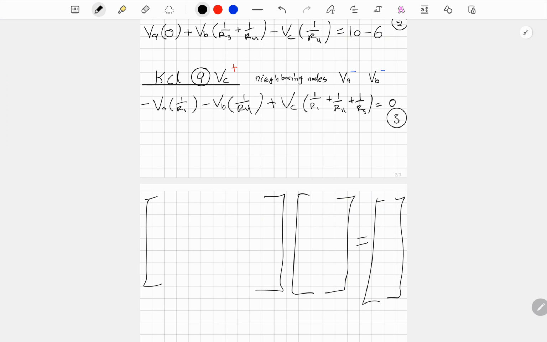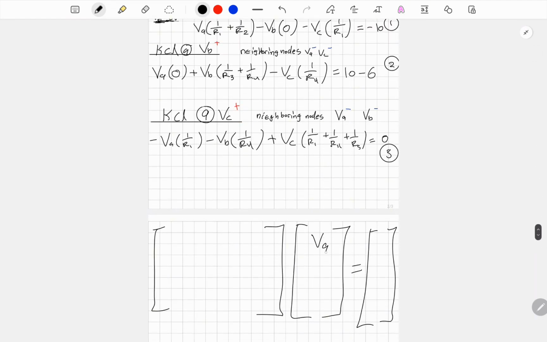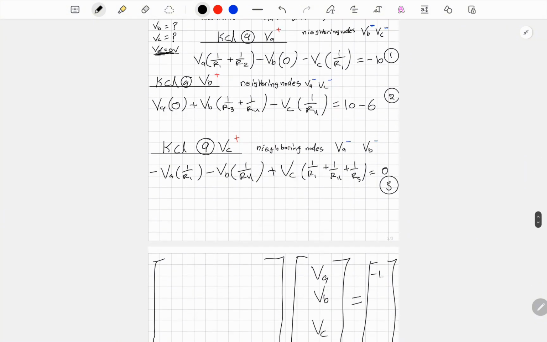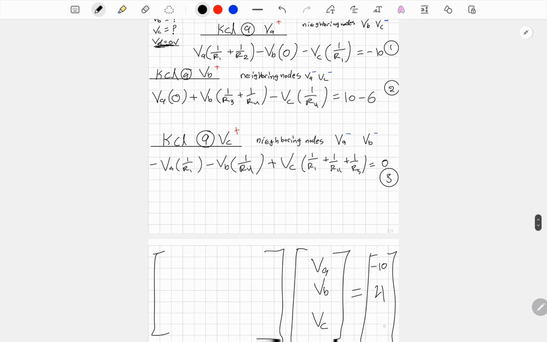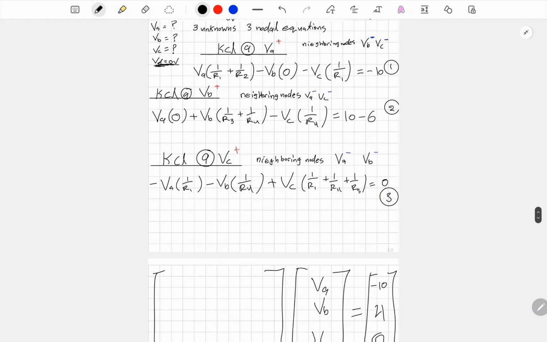This is my matrix, and these are my voltages, VA, VB, VC, and this was minus 10, and I'm going to write 4, just do the subtraction, and then 0. And then everything is equal to 2. All the resistors are equal to 2.